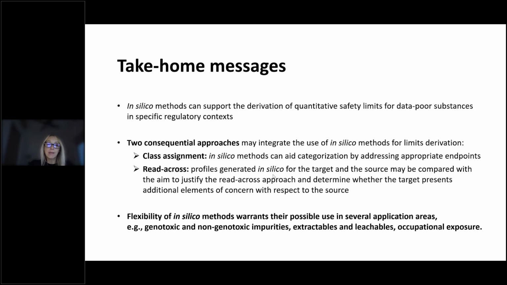One is the class assignment, where in silico methods can be used to assign a given target compound to a class, which is then regulated with limits defined based on the specific regulatory framework or application field.